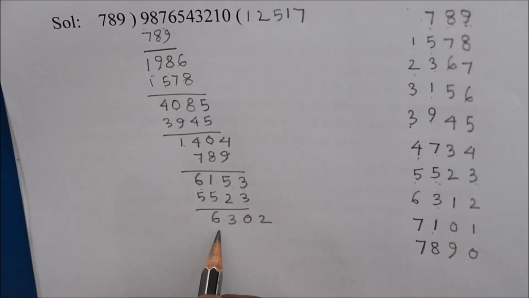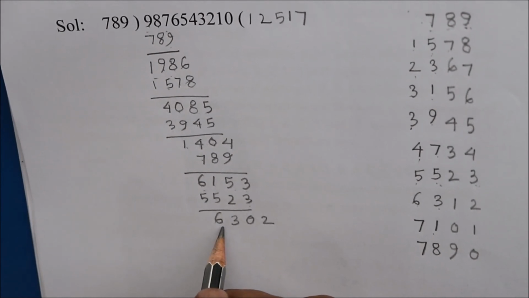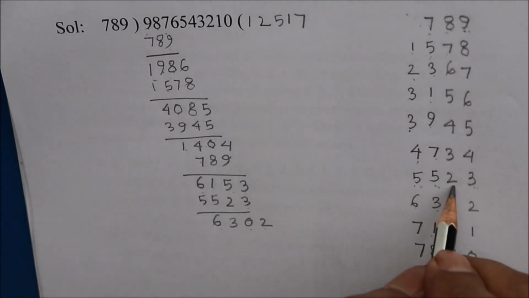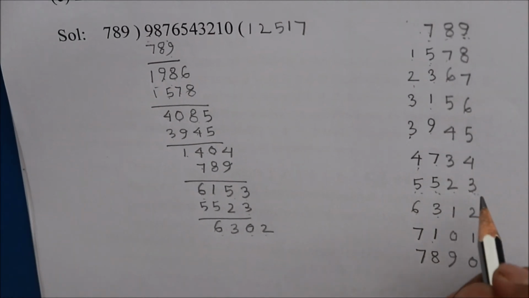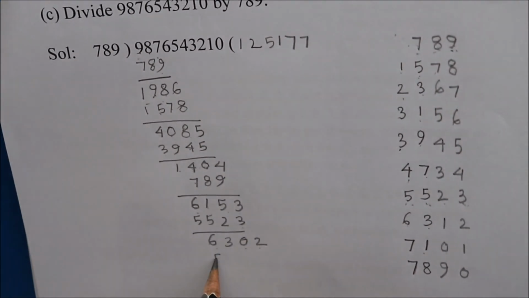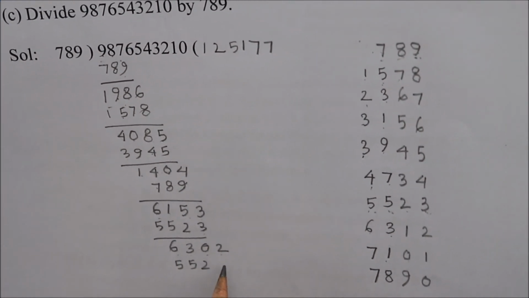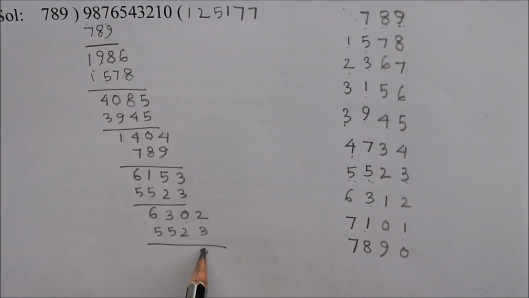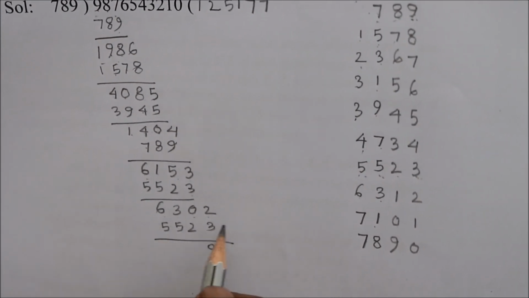The nearest multiple less than 6302 is 5523, which is the seventh multiple. You write 7 here, and you write 5523. 1 more, 9.